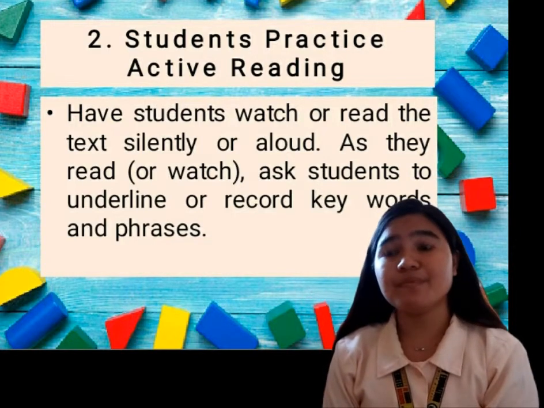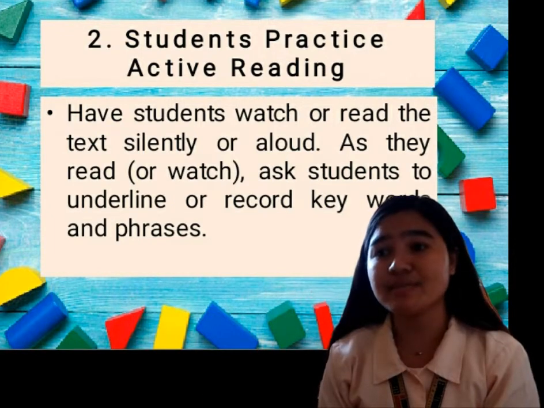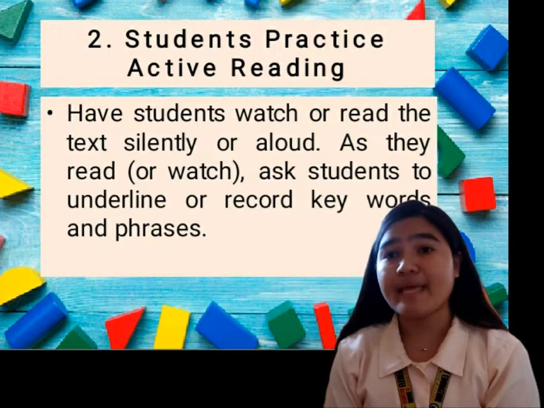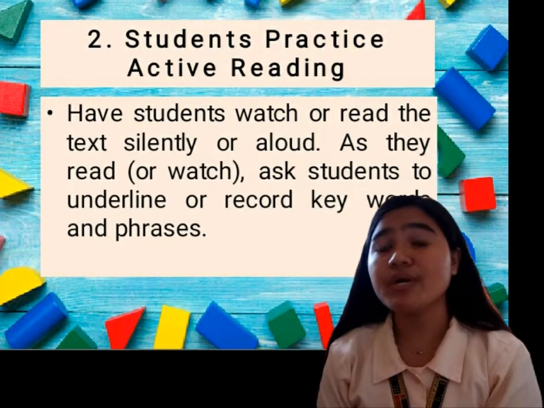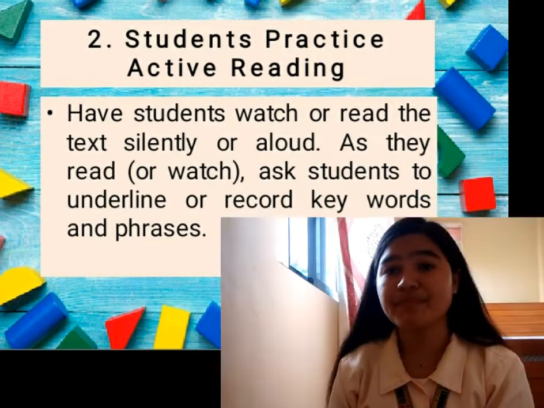Third is making predictions. This strategy is used as the student is actively reading a text, and it can be used with long or short passages. Example: in the story of the three little pigs, the wolf visits each of the pigs in an attempt to get into their homes.